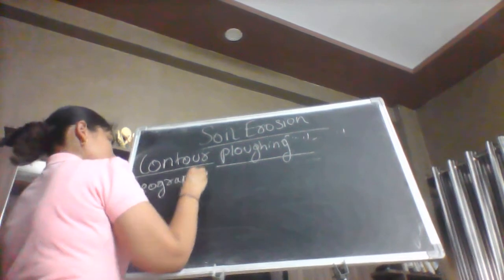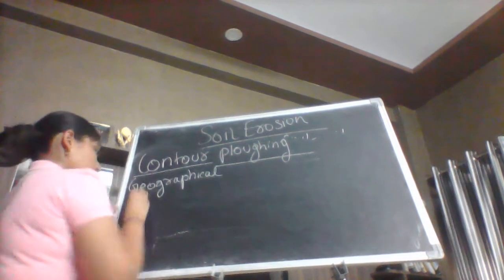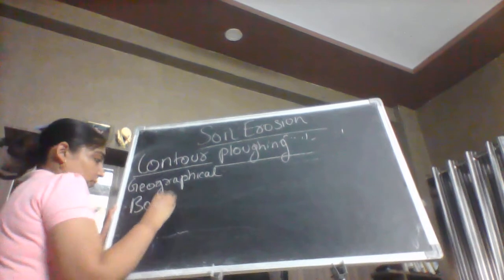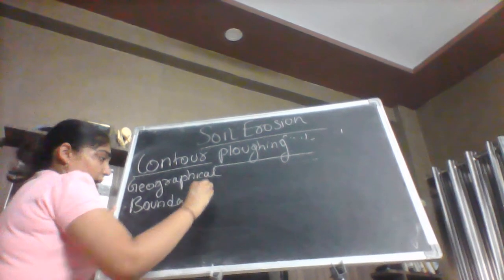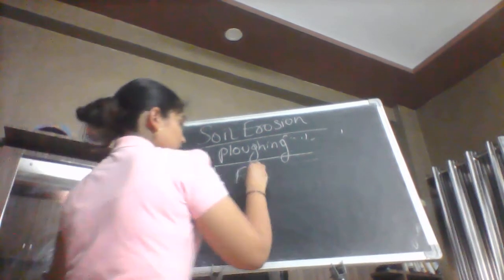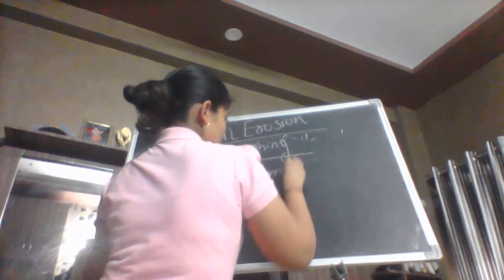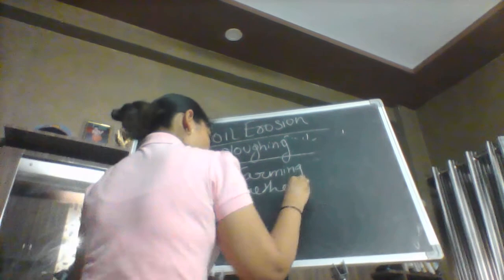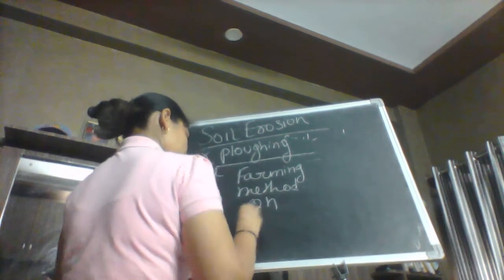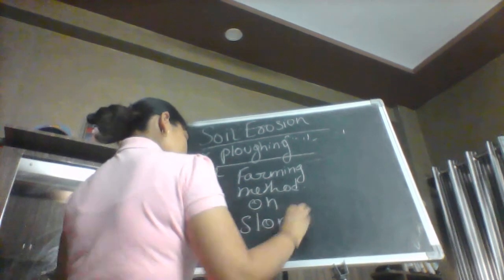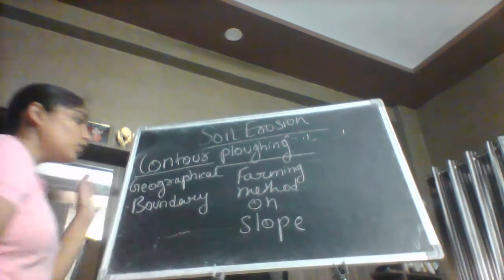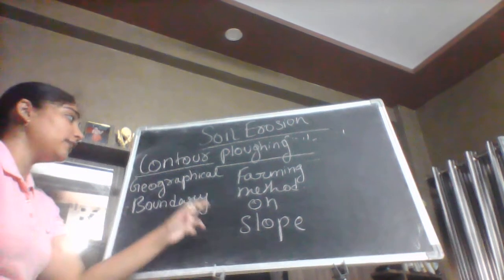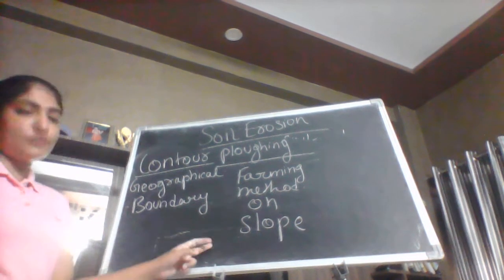geographical boundary and plowing is the farming method on slope. So अगर हम सिंपल वर्ड्स में बात करें, it is the farming method on the boundary of slope.